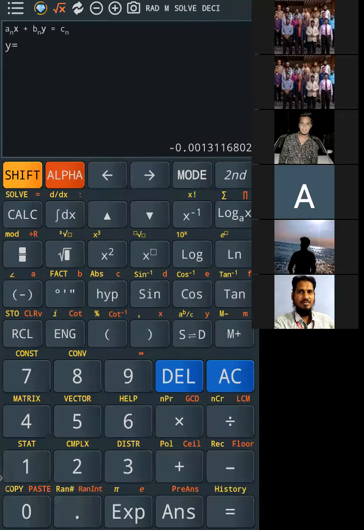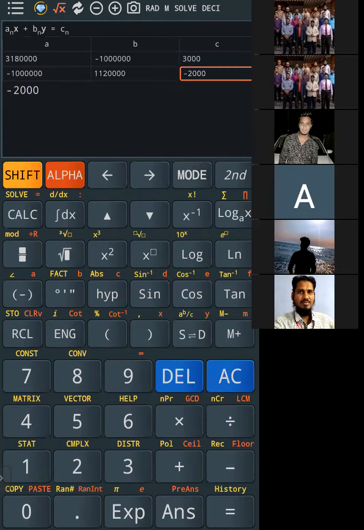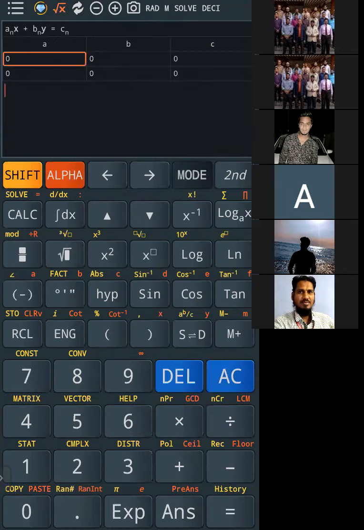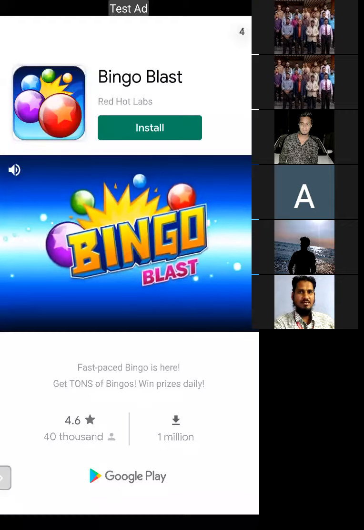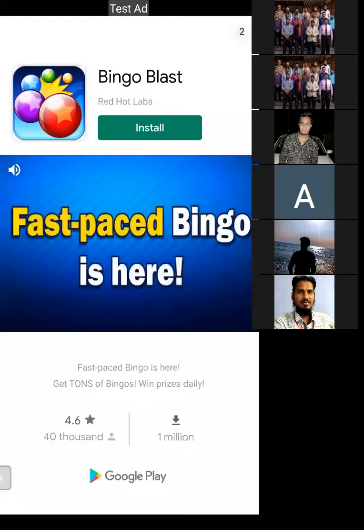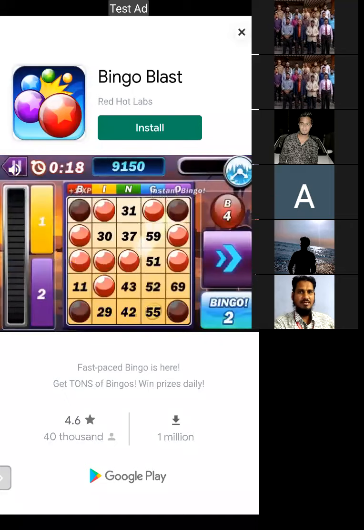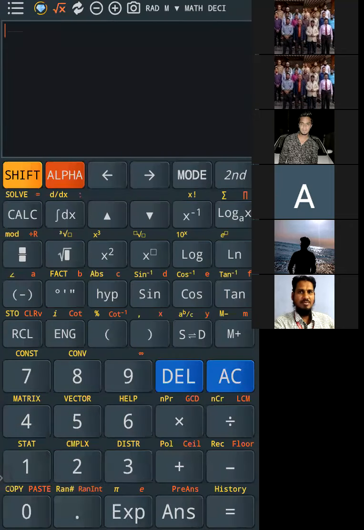Let me go to mode again. So I need to clear this. Okay, so let's do that. Shift, 10 raised to power 6 is outside.